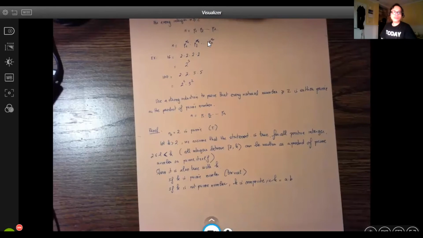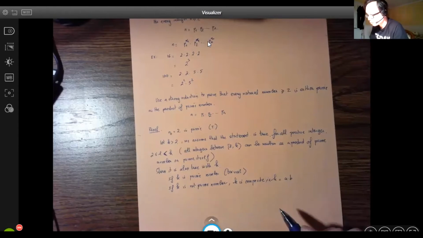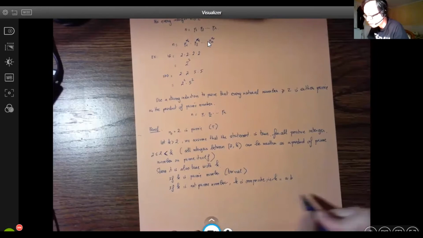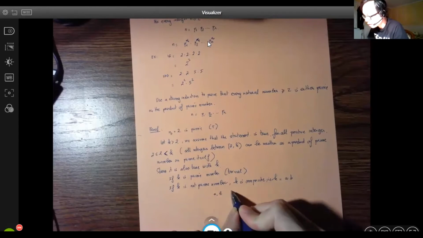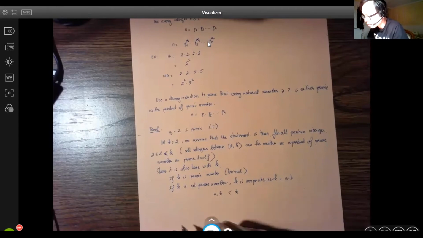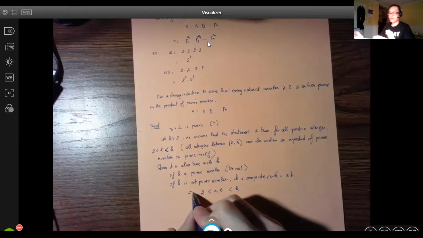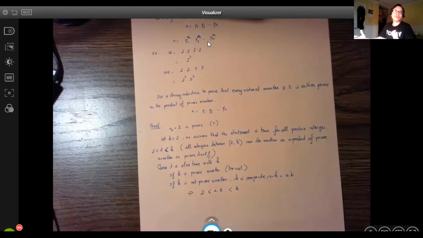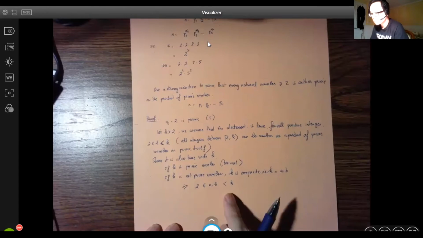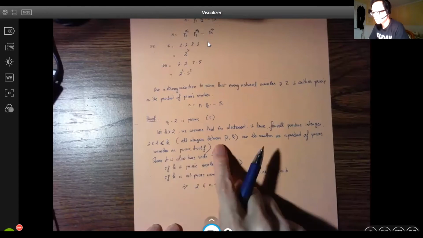And a and b must be less than k but greater than or equal to 2. For example, 6 equals 2 times 3, and 2 and 3 must be less than 6 and greater than or equal to 2. Since a and b are less than k and at least 2, we use the hypothesis.